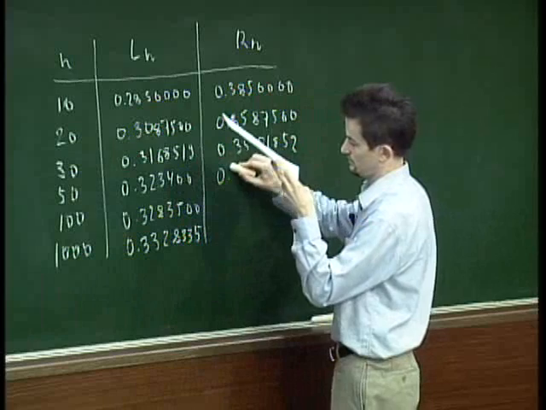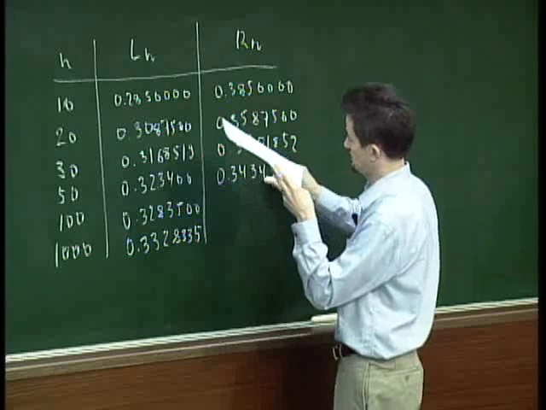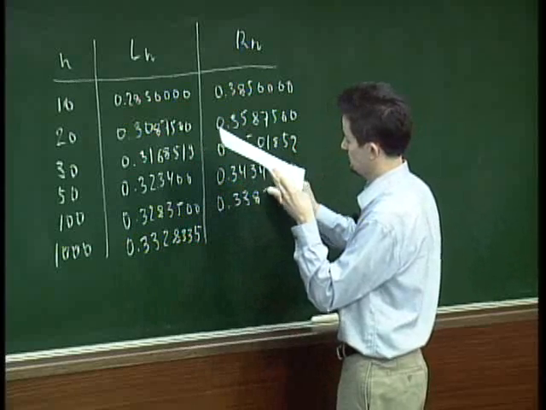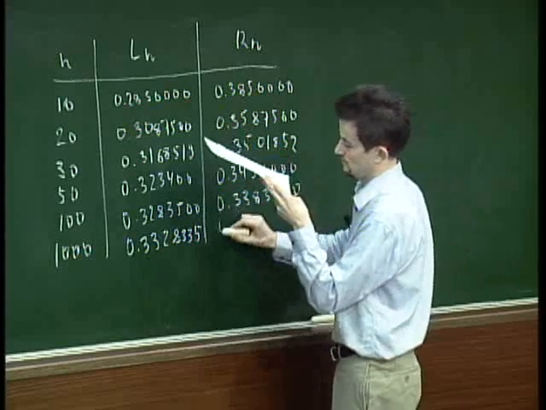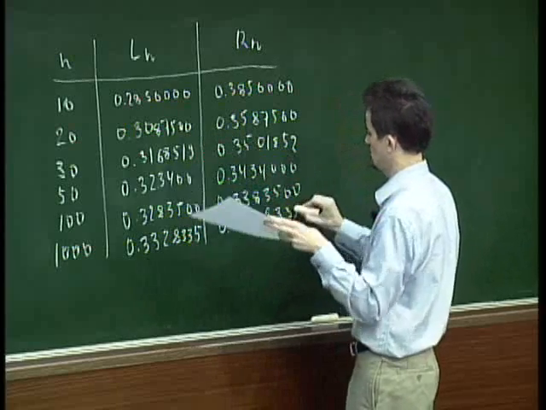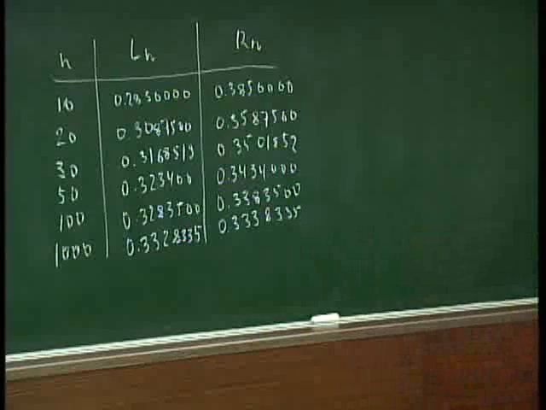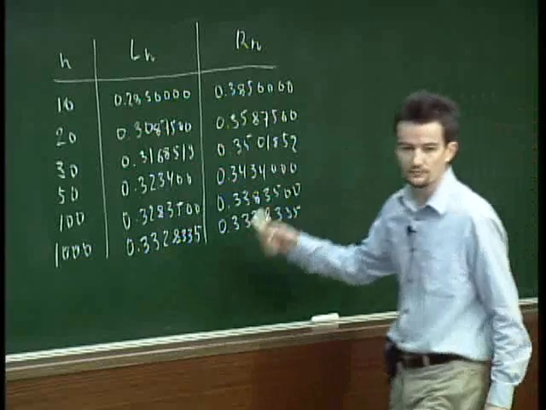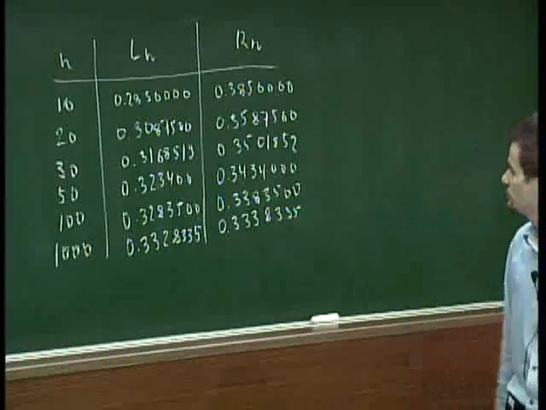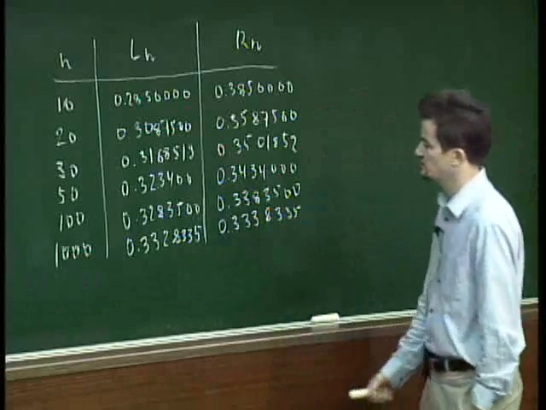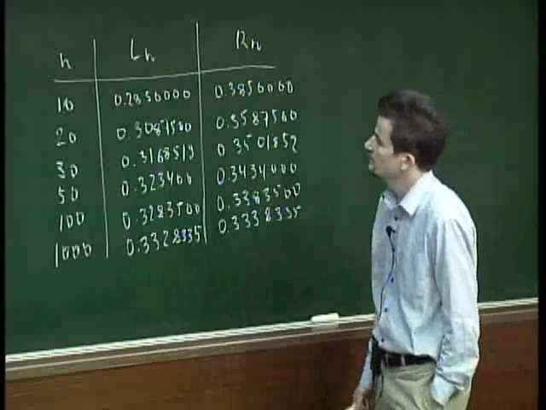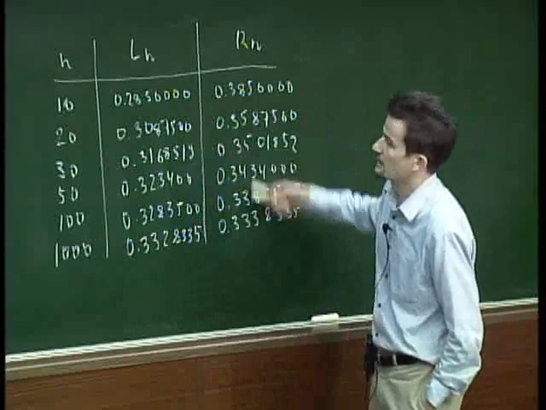Here we have 0. If you look at this data, assuming that we do not know what the right value is, you might get the impression that, because this is always a lower bound and this is always the upper bound, the lower bound is getting larger and larger and the upper bound is getting smaller and smaller.